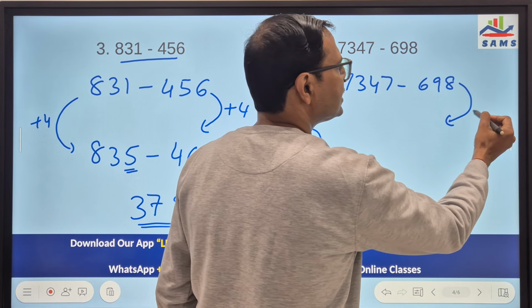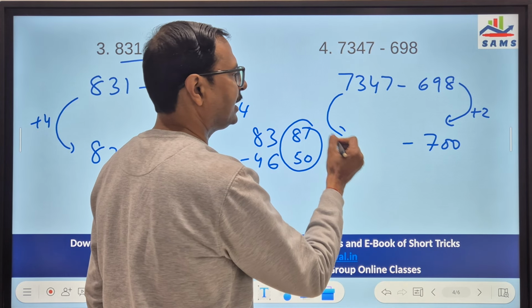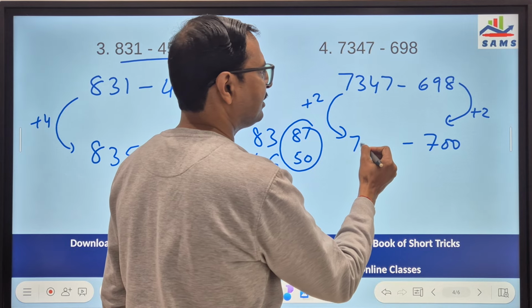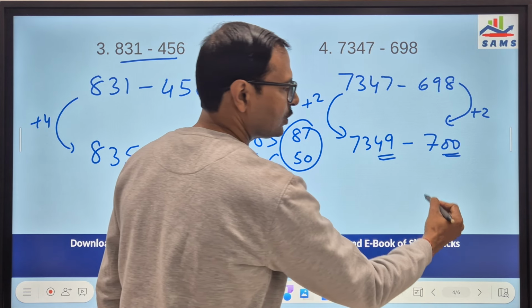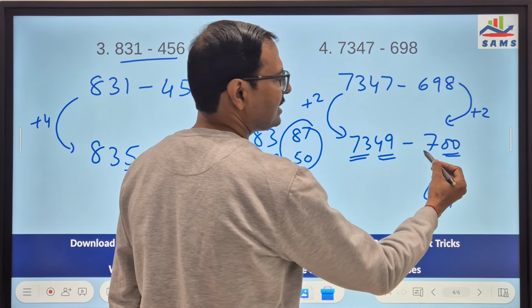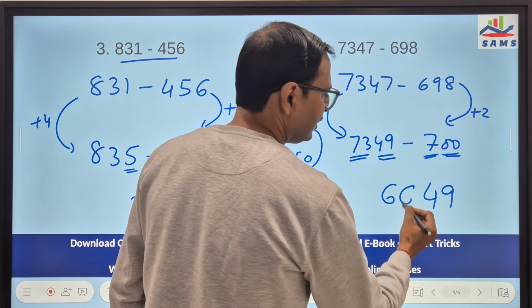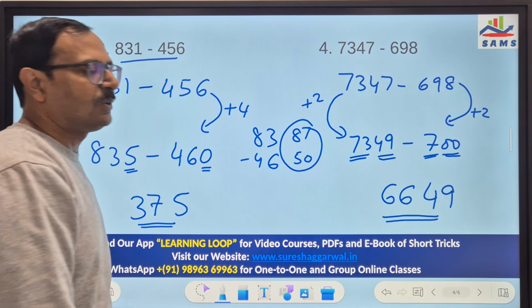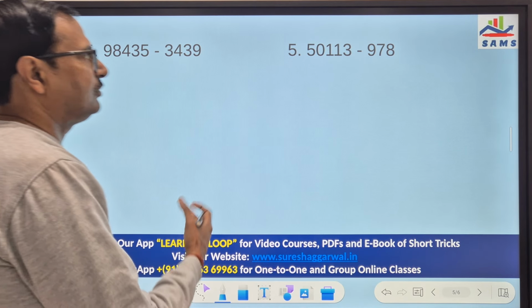Very easy because this is plus 2, so 700, and if you increase this by 2, you get 7349. Now 49 doesn't change because you have 2 zeros, so 49 remains as it is. All you have to do is 73 minus 7, which is 66, and you get the answer 6649.